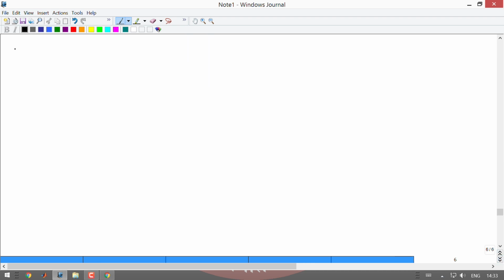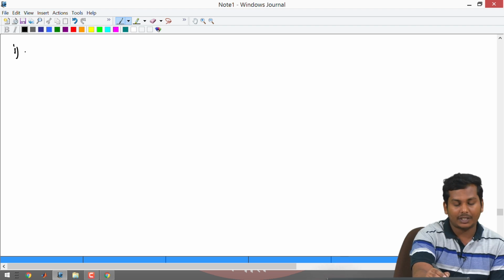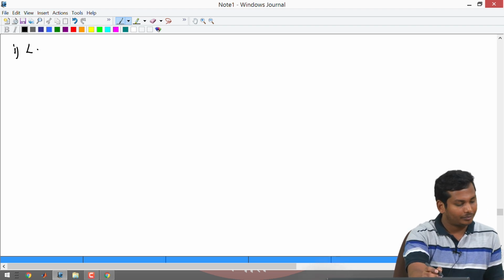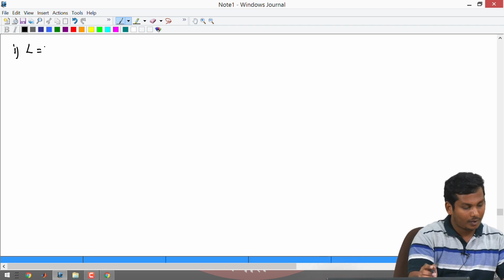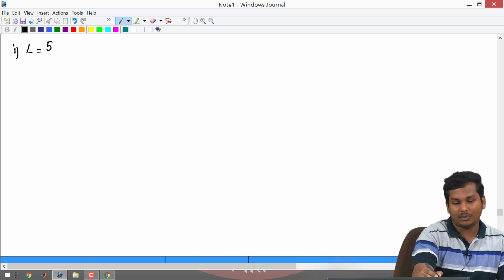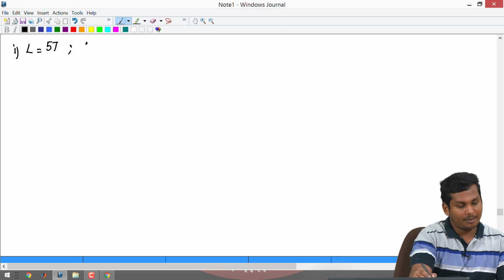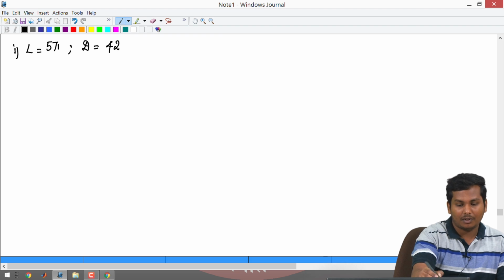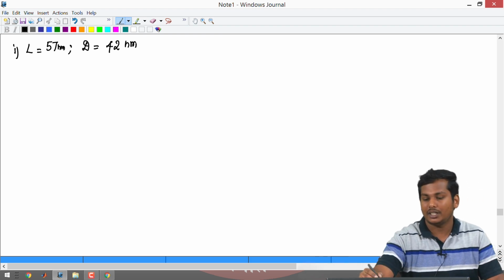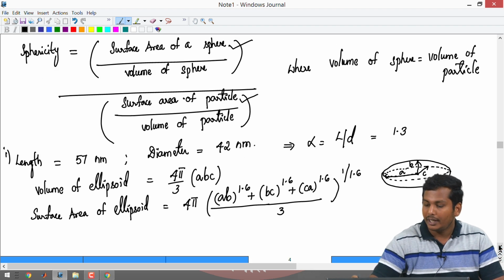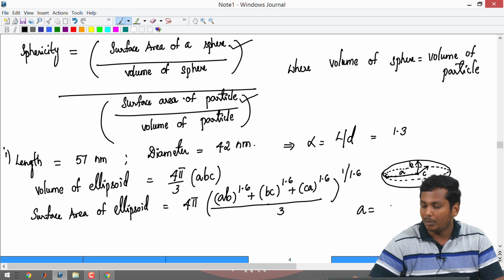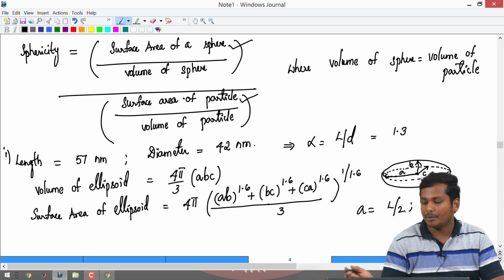So, for the first case we were given that the length is 57 and diameter is given as 42, sorry, it is nanometers, and we have seen that in the ellipsoid A will be L by 2, and we consider that it is symmetric in both the directions.